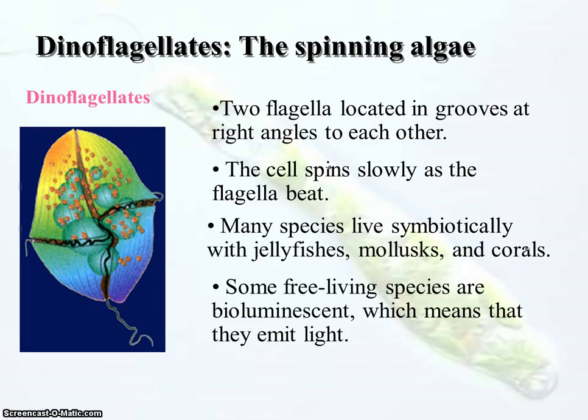A lot of these dinoflagellates are really neat when you can see them in the absence of light, because they are bioluminescent. Okay, and there's a lot of microscopic or very tiny organisms that maybe aren't microscopic but very small in size, that are bioluminescent within the ocean, and the dinoflagellates are one of those examples.